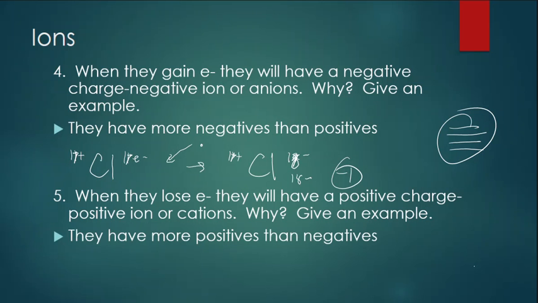Because if they lose a negative thing, like a pimple, then that's a positive thing, isn't it? So sodium normally has 11 positives and 11 negatives. If sodium loses an electron, then it will be 11 positives and 10 negatives. So overall, it has a +1 charge, right?